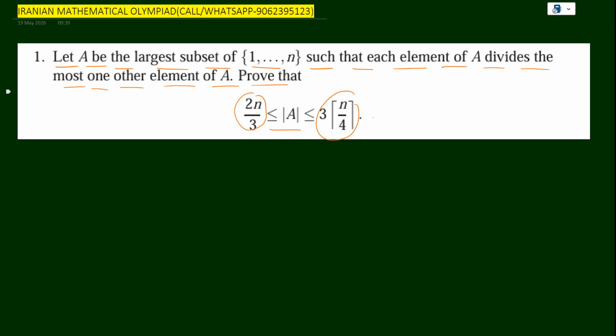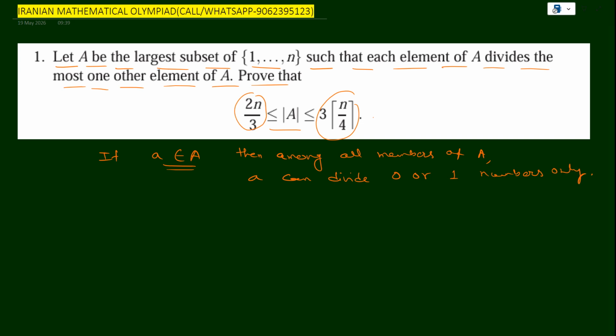Now, first question is what does "divides at most one other element" mean? Do you know that? It means if small a belongs to A, then among all members of A, a can divide 0 or 1 numbers only.